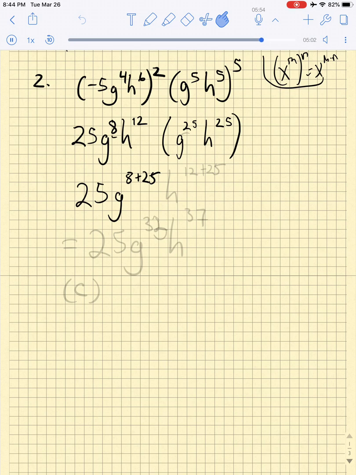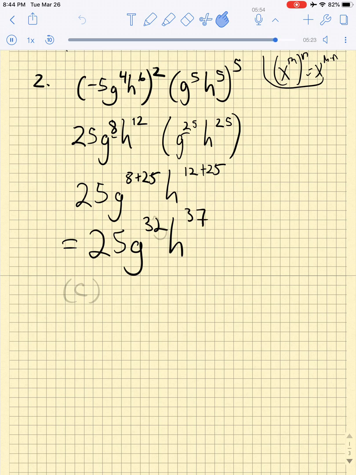Because this 8 summed with that 25. And then we have h, 12 plus 25. This whole thing becomes simplified. 25 g to the 32nd, h to the 37th.